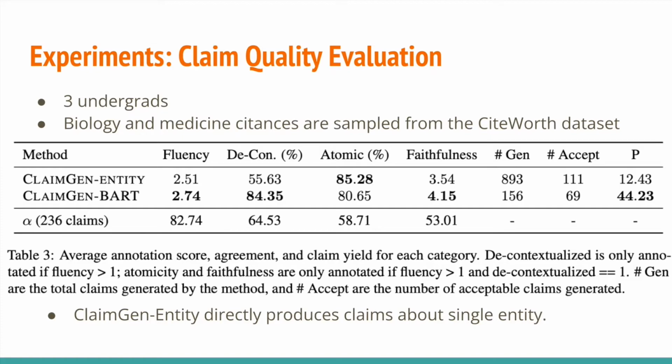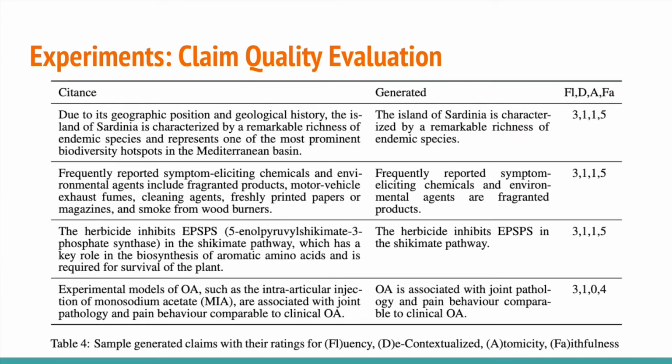However, ClaimGen-Entity actually generates more examples based on its nature, so it's kind of a trade-off. And alpha here shows the agreement is acceptable. Here are some examples of their generated claims. Mostly they are just high quality, and I will skip here.